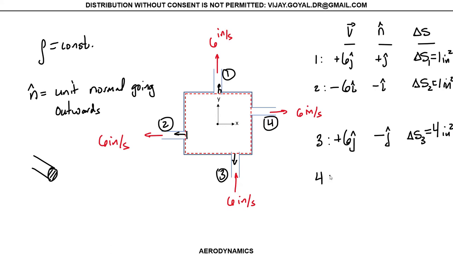You go to number 4, then you have the unit normal in this direction that you can see, positive i. Sorry, plus i, and delta S4 is not known, and that's exactly what we would like to find.